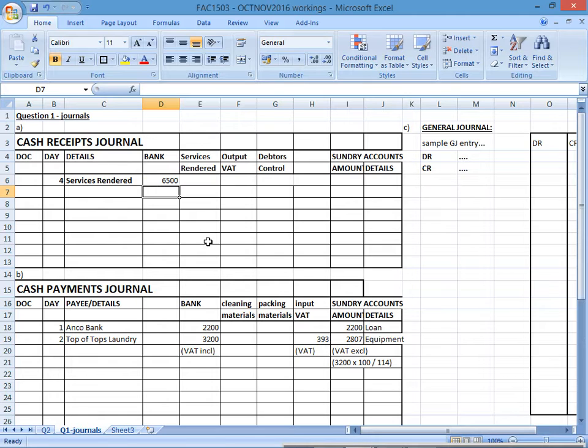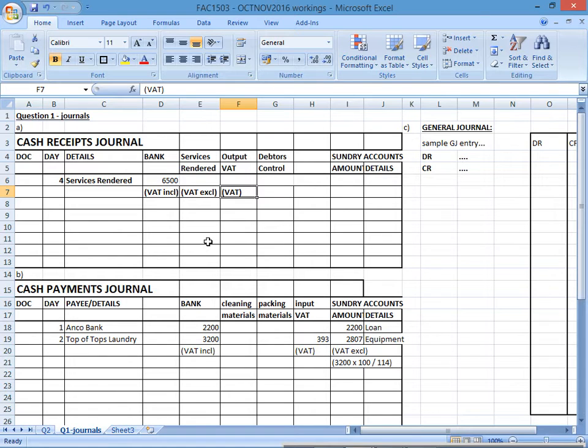But am I going to be entitled to the 6.5? No, because that's the VAT inclusive. A portion is mine, which is the VAT exclusive, and a portion is SARS's. So I need to pay 14% over to SARS because I'm running a business and I'm a VAT vendor.